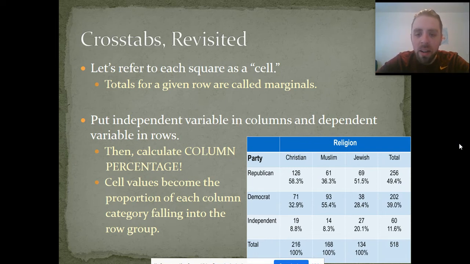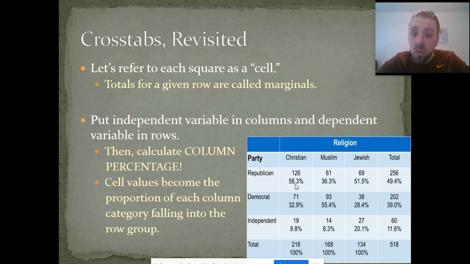So the very first top left cell is the intersection between Christian and Republican. So if I'm looking at that, I can see that 126 of people in this overall sample, of which there are 518, if you quickly look at the bottom right, back to the top left, I can see that 126 people are Christian and Republican, and that comes out to 58.3%.